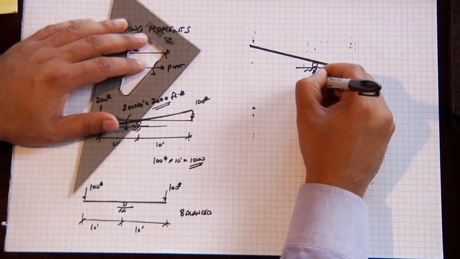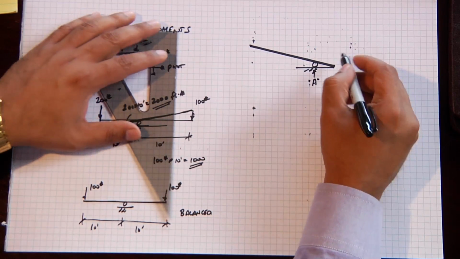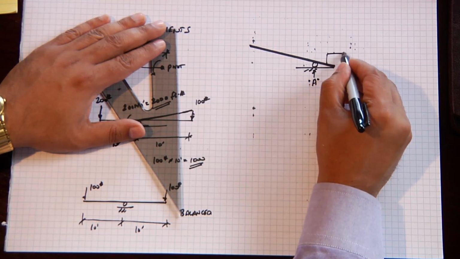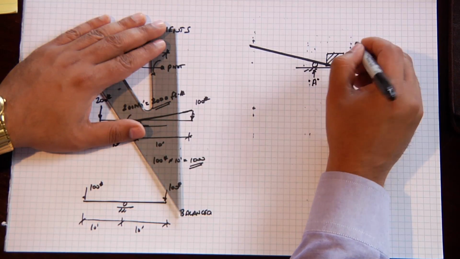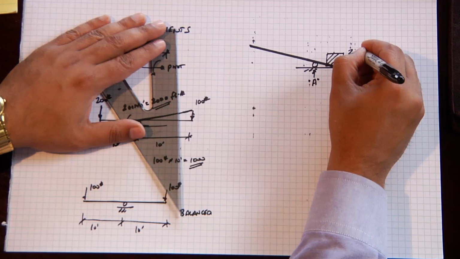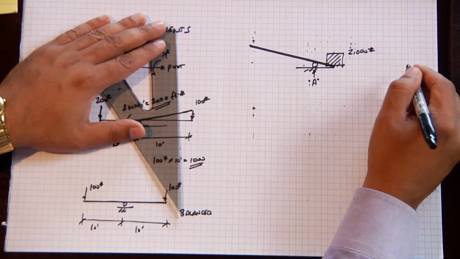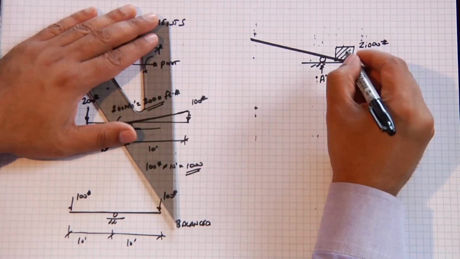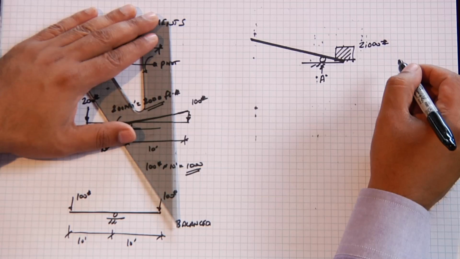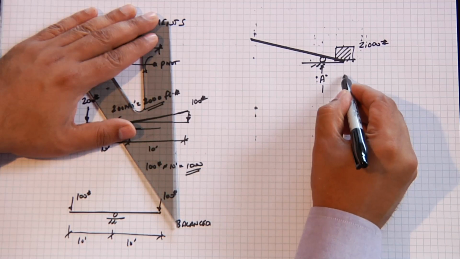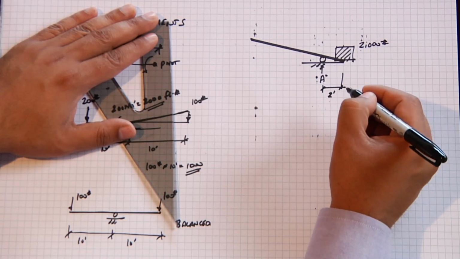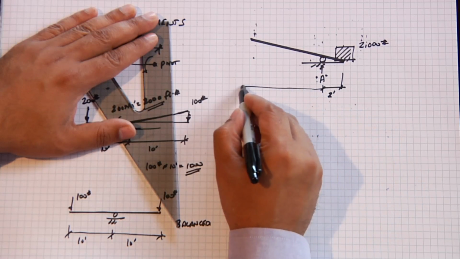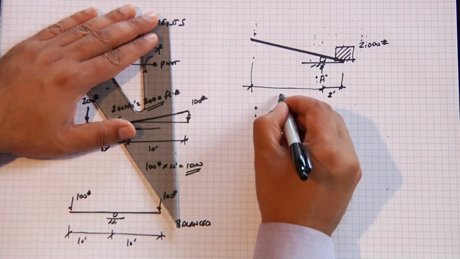We'll call this point A, and here's my beam, and we'll put a very heavy mass over here. We'll say this mass weighs approximately 1 ton, a 2,000 pound mass, and we want to lift that mass up. The distance from here to the center of that mass is, say, 2 feet, and the distance from here to the applied load, we'll say for right now, is 20 feet.